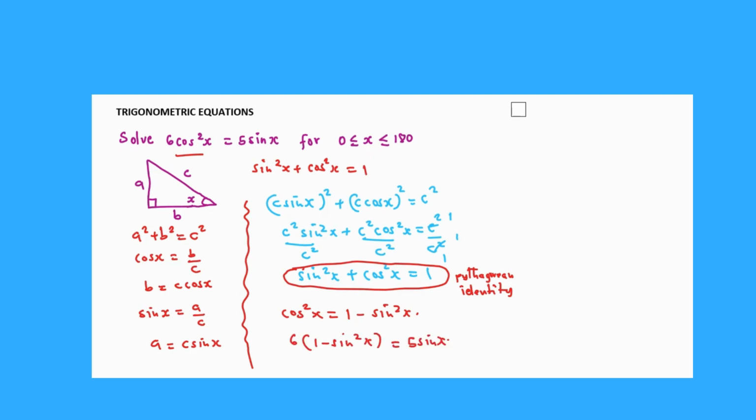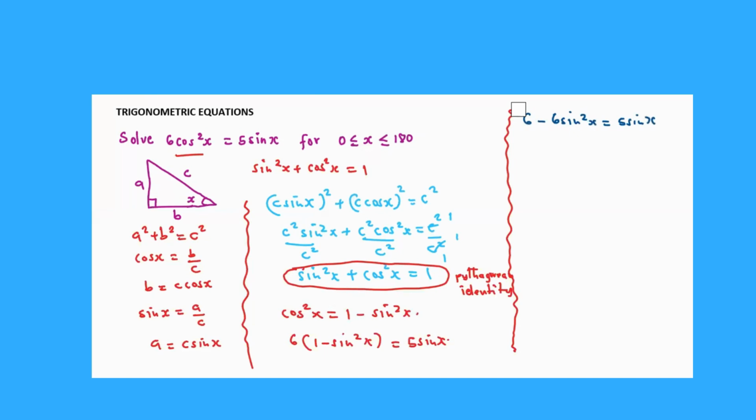Good. So from there, because we haven't opened the bracket, we open the bracket first. So we'll have 6 minus 6 sine squared x is equals to 5 sine x.